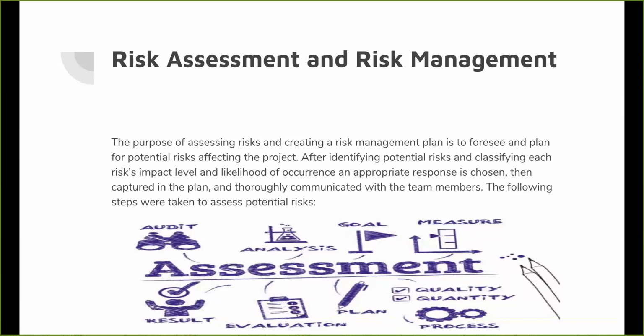One important step for this project was the risk assessment and the risk management. And the purpose of assessing risk and creating a risk management plan is to foresee, to plan for potential risks that could potentially affect the project, and also to create an appropriate response. The goal of this is to ensure project continuity and to mitigate and reduce any type of interruptions that could negatively affect the project.